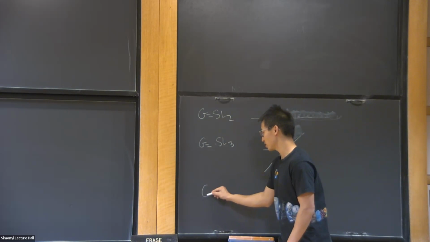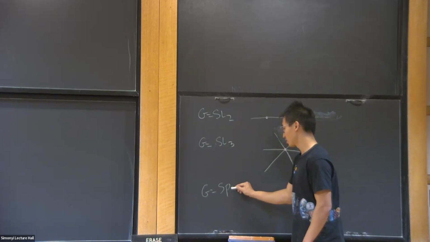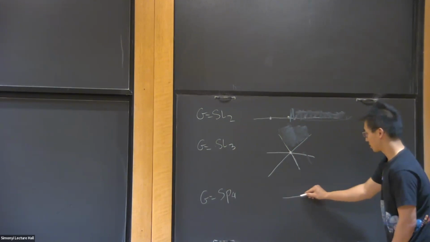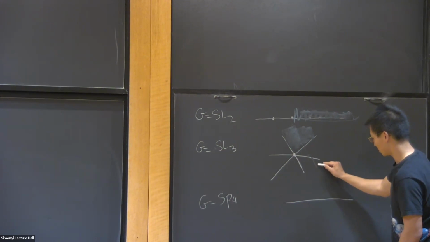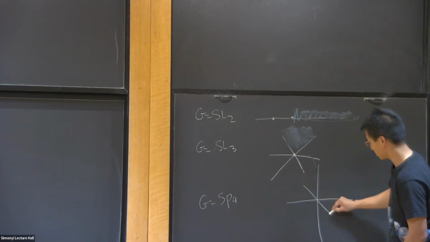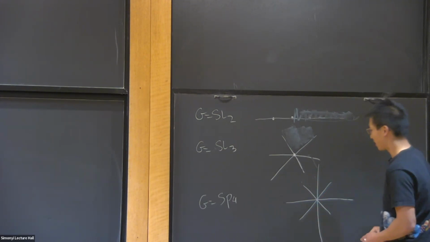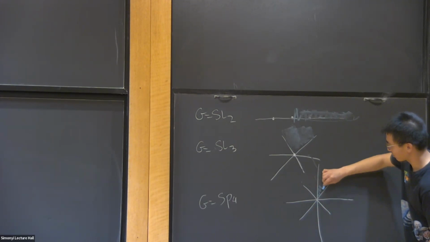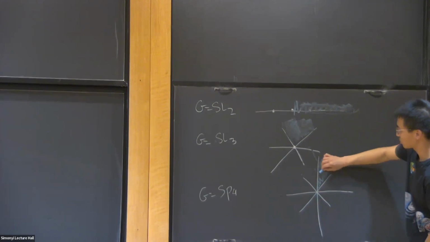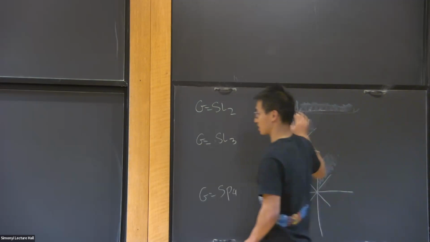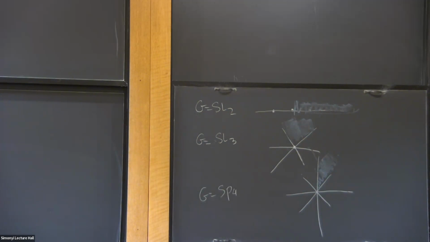And when G is Sp4, then our root system looks like this. And again, it's the stuff in one particular chamber which is dominant. So the lattice vectors in these blue regions, that's what we're talking about right here.